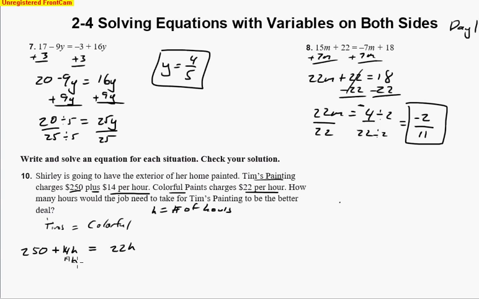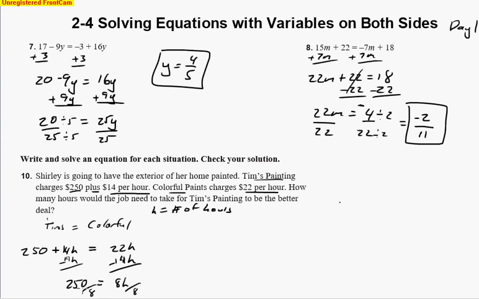We're going to subtract that 14h from both sides, and that leaves me with 8h equals 250. So we go ahead and do that division, 8 into the 250, and find out how many times that is.